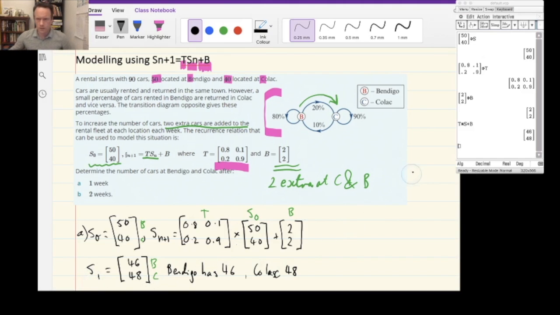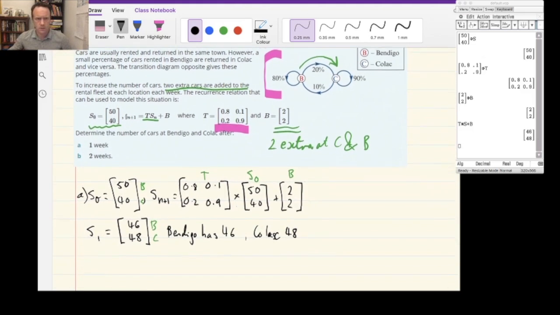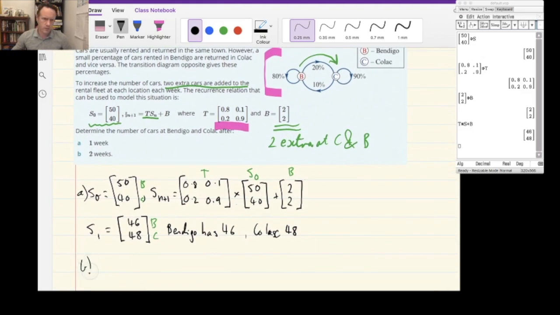Once we've got S1, we can work out S2. S1 plus 1 transition is equal to the transition matrix times S1, because to get to S2 we must multiply S1 by the transition, and then we add B, which is 2 and 2.